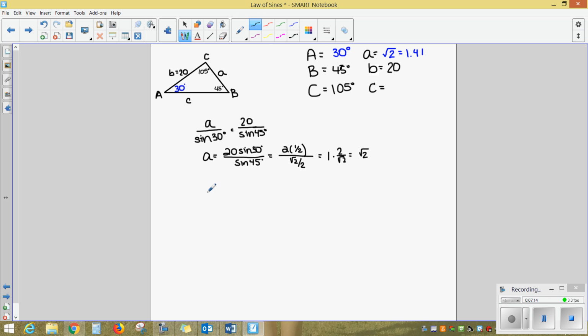I can say C over the sine of angle C is equal to, we can either use A over sine of A or we can say B over sine of B. It's always safest to go back to the original values, the ones that our author or whoever gave us in the problem, because if I made a mistake when I was finding A, maybe I accidentally forgot to flip that 2 over square root of 2 and left it the way I wrote it the first time, and I have a wrong value there. If I have a wrong value here, then I compound that error when I come down here and use it.